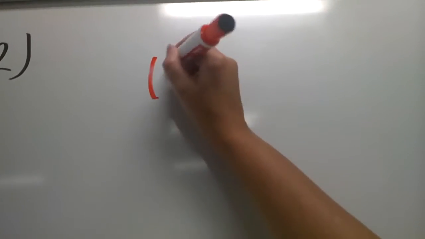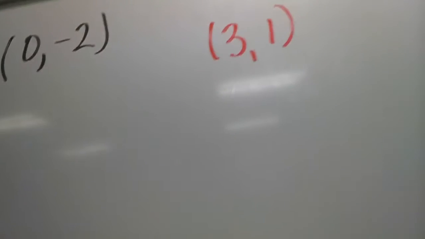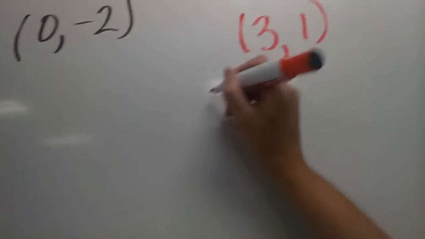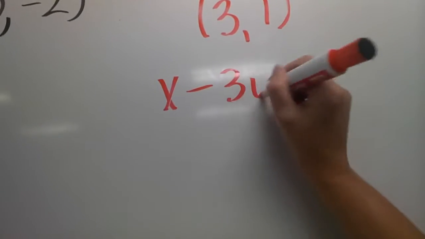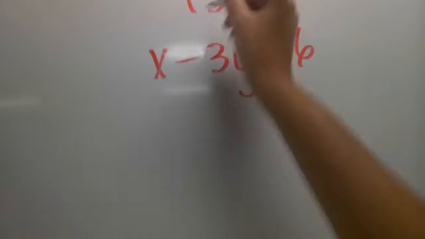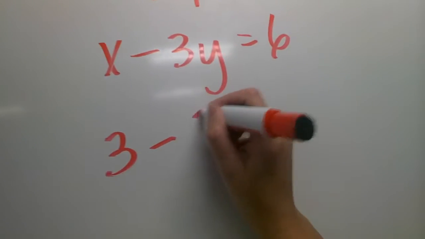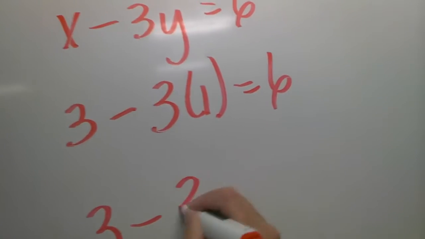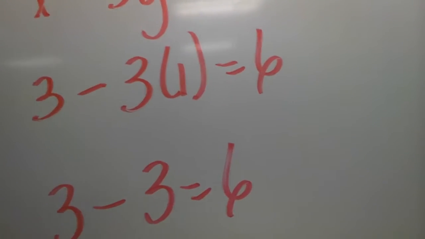How do we check it? Because you always want to check and see, is that right? So we're going to use the point 3, 1, and this is like checking the solution like we did yesterday. So x minus 3y equals 6. X is 3. 3 minus 3 times 1 equals 6. 3 minus 3 equals 6. 0 equals 6 is not true. So what does that tell me?